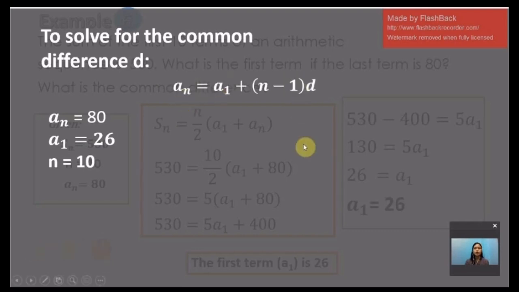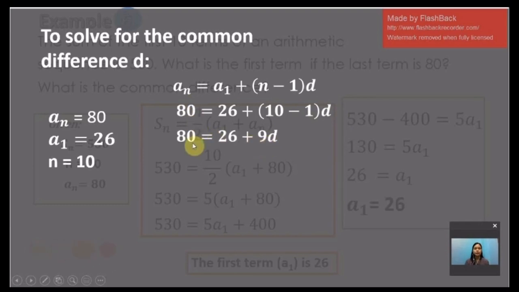Using the formula for finding the nth term of an arithmetic sequence, we have a sub n is equal to a sub 1 plus the quantity of n minus 1 times d. Substituting the values, we have 80 is equal to a sub 1, 26, plus n is 10, minus 1 times d. So d is the common difference and this is the unknown. We have 80 is equal to 26 plus 10 minus 1 is 9 times d.